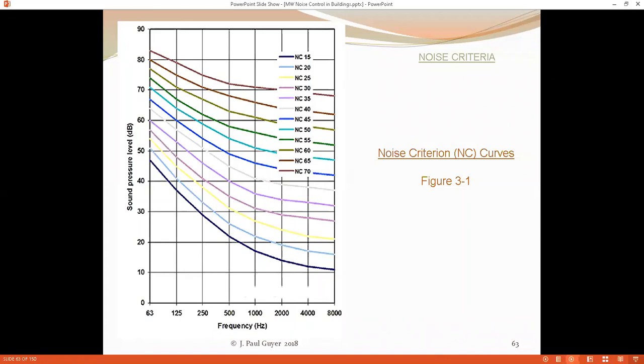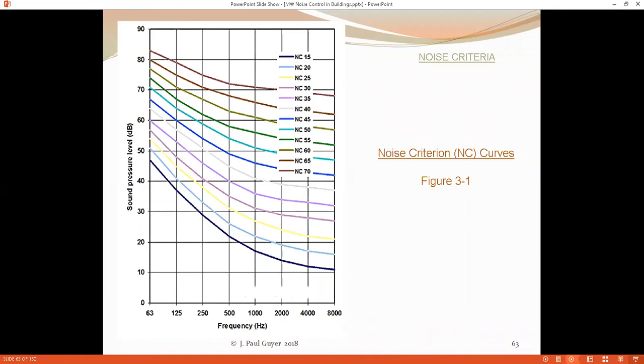And the number 15 or 70 nominally indicates the loudness that is acceptable in that space. And here up at the top is the NC70 curve, and down at the bottom is the NC15 curve.